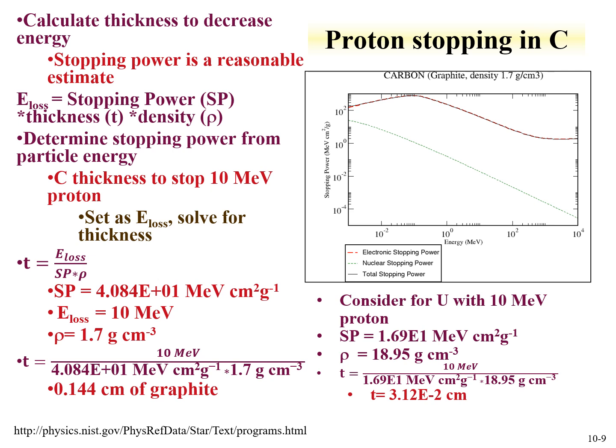So we'll look at the energy loss, which is just the stopping power times the thickness times the density. So we need to determine the stopping power from the particle energy. So what's the carbon thickness to stop a 10 MeV proton? Let's set the energy loss and solve for the thickness.